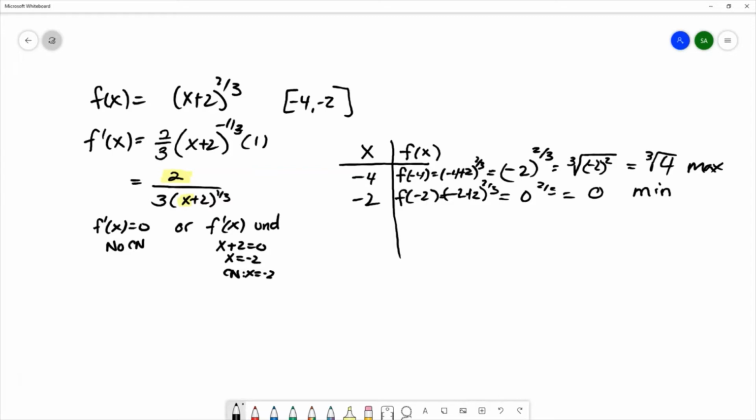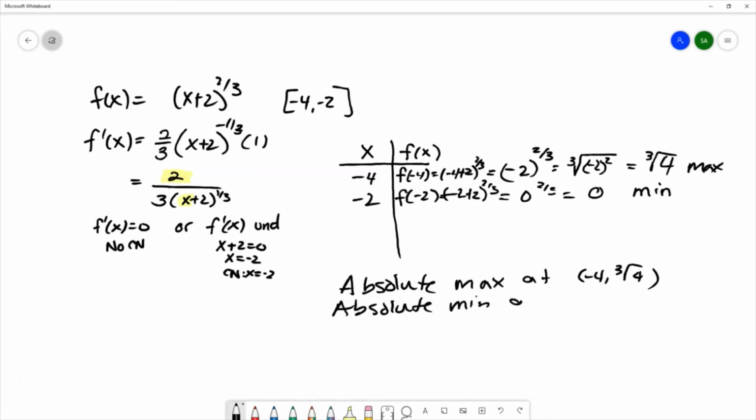So we have an absolute max at -4, cube root of 4, and absolute min at -2, 0.